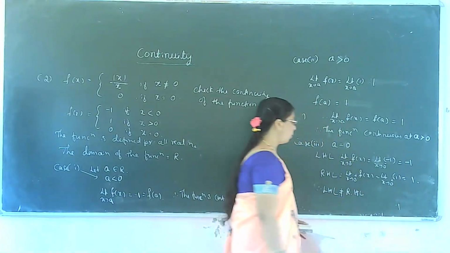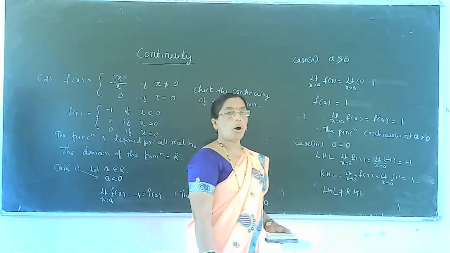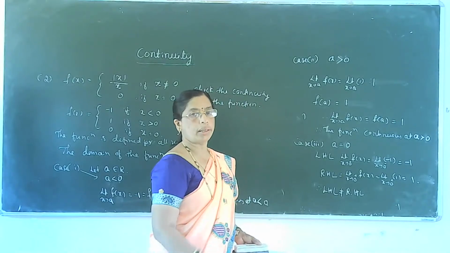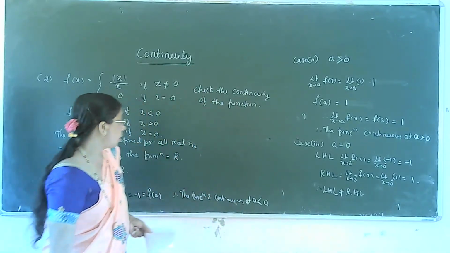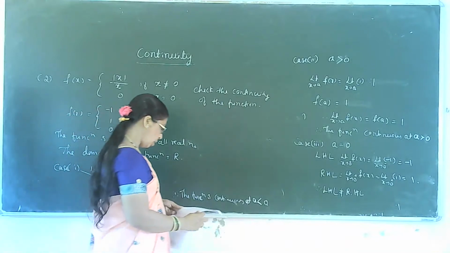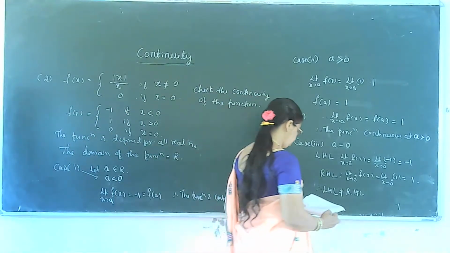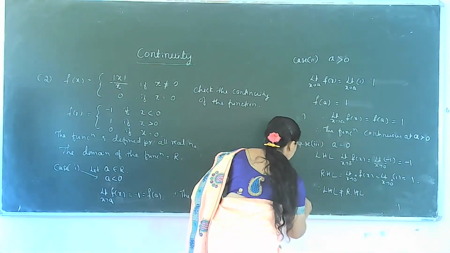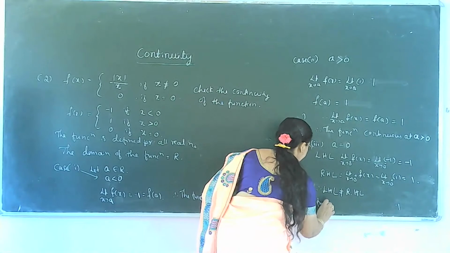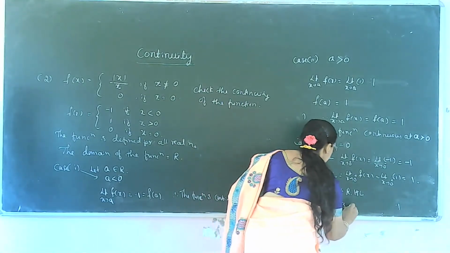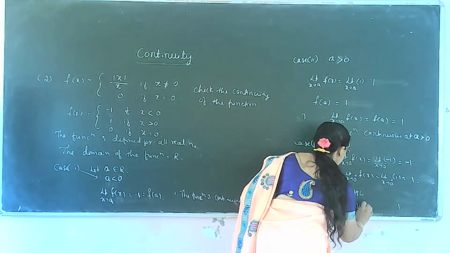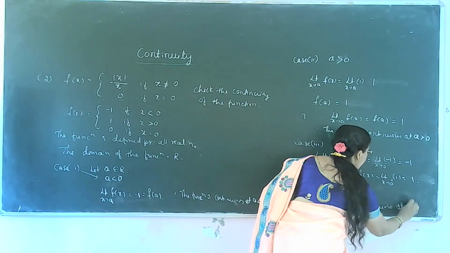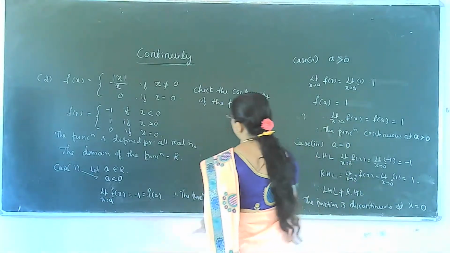Therefore, the function is not continuous, and the point of discontinuity is 0. Therefore, the function is discontinuous at x equal to 0.